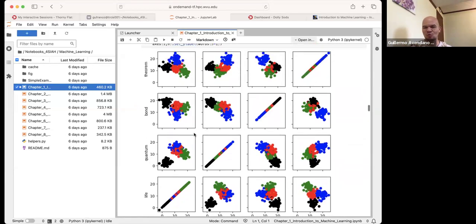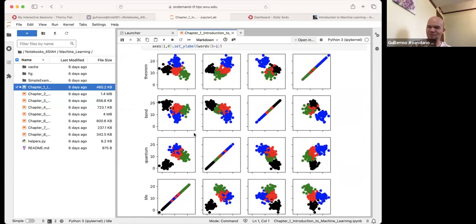Those are examples of the plots that we use to guide our human understanding of what is happening with the data, which is also an interesting part of machine learning. It's not just giving that mass of data blindly to the computer. It's also a human interaction.